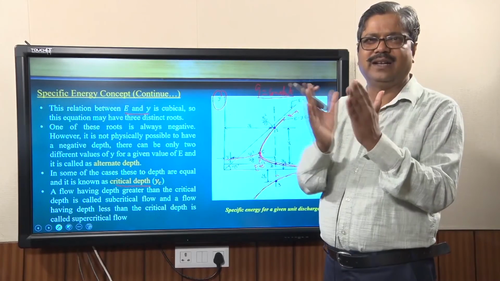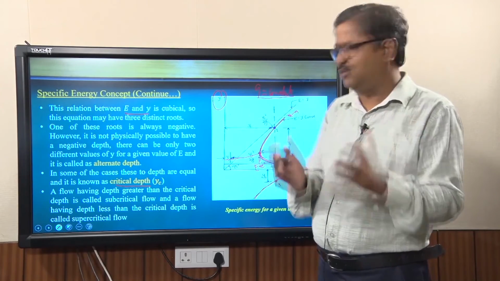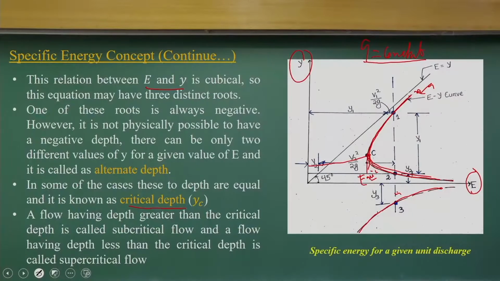That is the critical. Beyond that, flow is not possible. The flow cannot be possible for this q value beyond this E minimum value. This is what we call the critical flow.